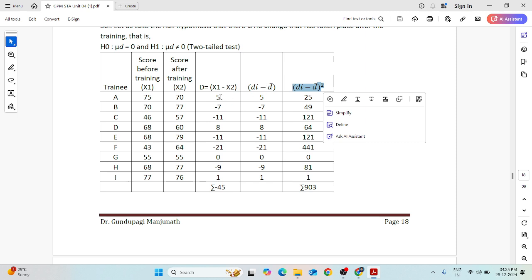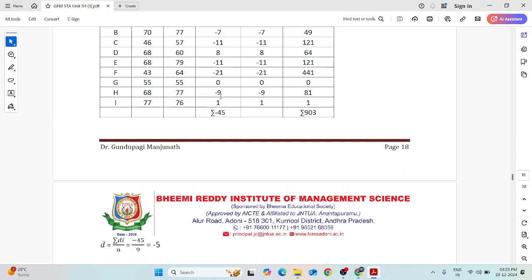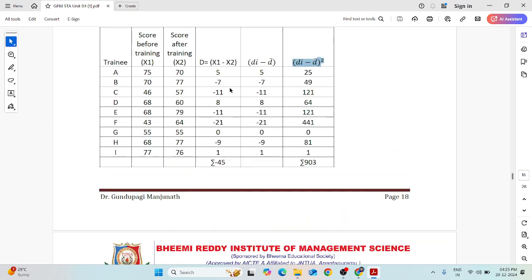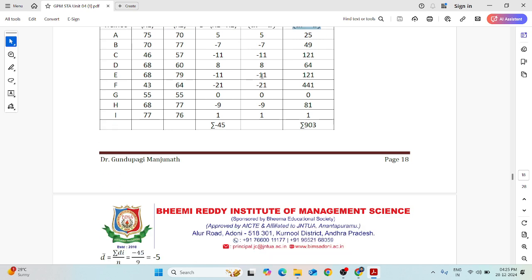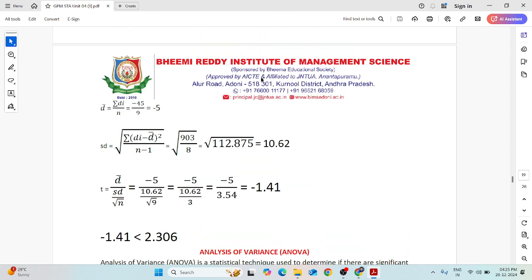Here actually you have to consider the mean, that is 5 minus minus 5, so plus 5 will be there. Okay, so there is a small mistake. We will look at some other problem.